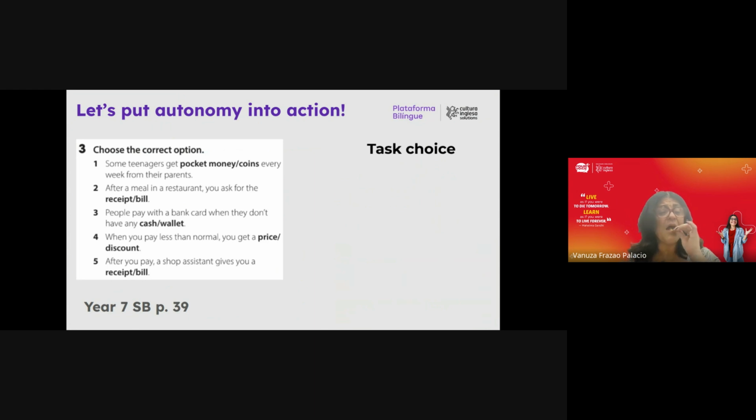Another example here, we have year 8, and in this activity, students have a multiple choice question. So students have to choose 1 out of 2 options. For example, here in number 1, some teenagers get pocket money or coins every week from their parents.